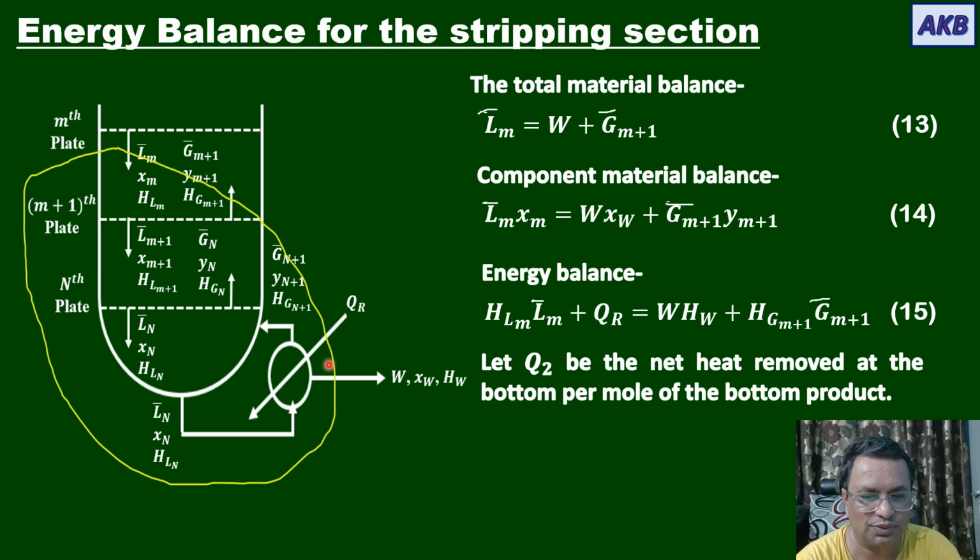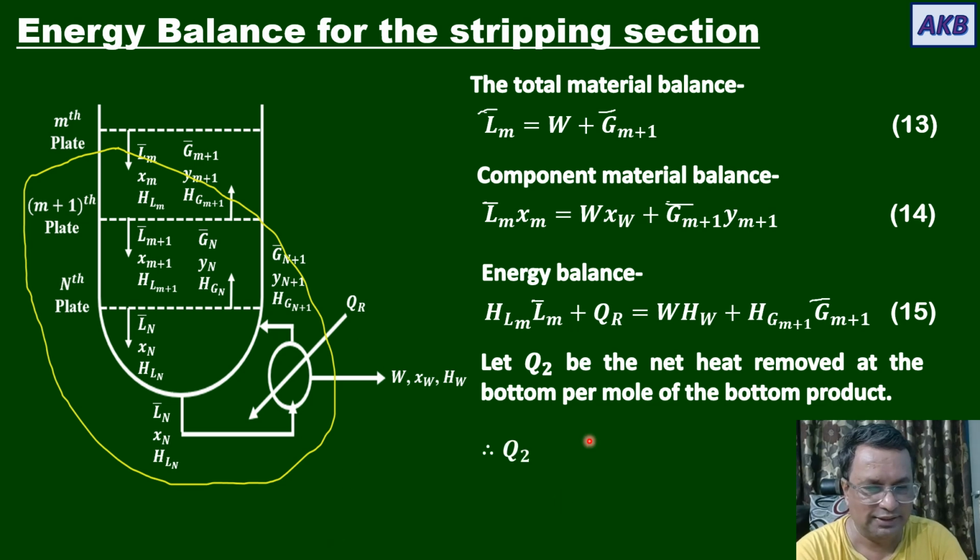If you look at the bottom of the column, energy is going out with the residue and it is added to the reboiler at the rate QR. So the net heat going out will be the heat going out with the residue stream minus the heat added into the reboiler, per mole.